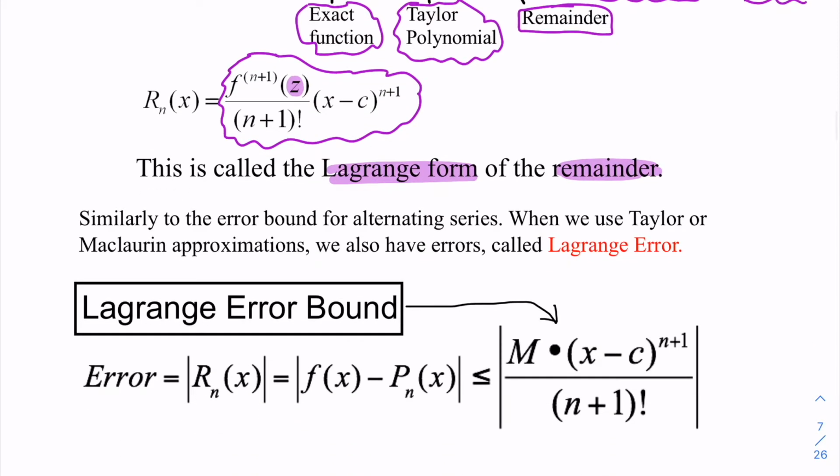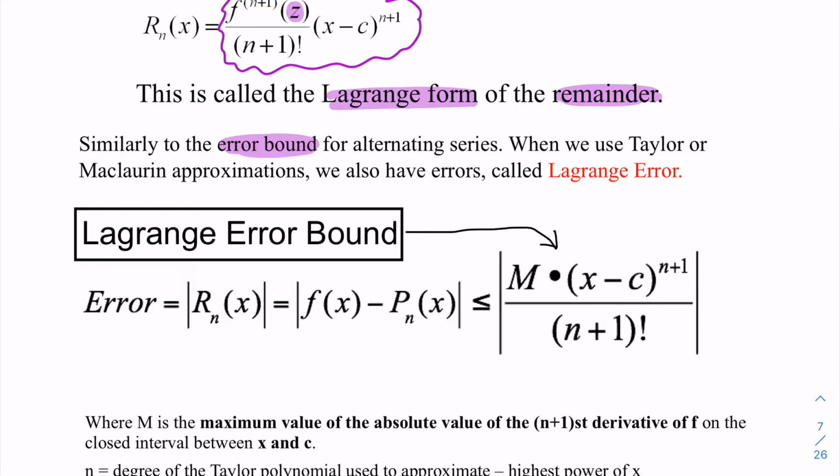Similar to the error bound for alternating series, when we use Taylor-Maclaurin polynomial approximation, we also have errors, and this error is called the Lagrange error. The Lagrange error bound: the error, which is the difference between the original function and your approximation, which we call the remainder, is bounded by the absolute value of M times (x minus c) to the n plus 1, divided by n plus 1 factorial. Very similar to the next term.